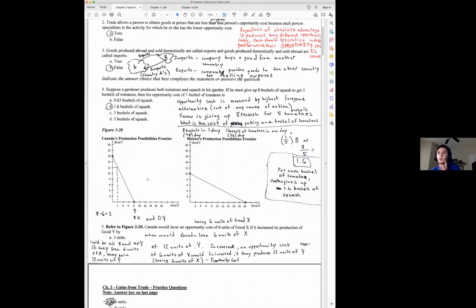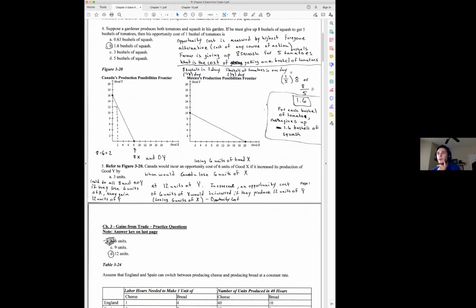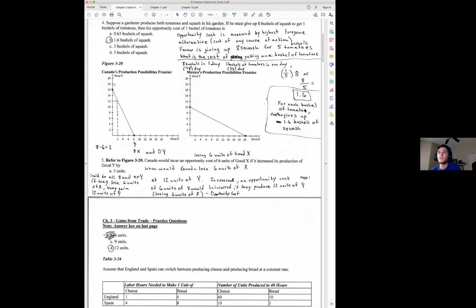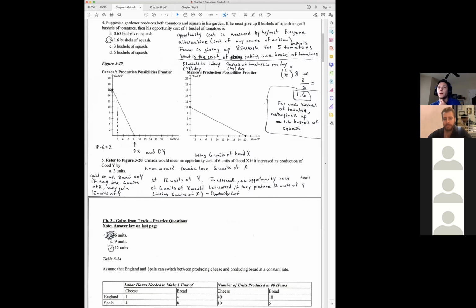Now, the other one I'll go over quickly says Canada would incur an opportunity cost of 6 units of good X if it has increased its production of good Y by how much? When you look at the PPF, you can see that Canada is either going to produce 8 units of good X or 16 units of good Y, and they can obtain any bundle on this line. However, what the question is asking is, in what case would we be giving up 6 units of good X?